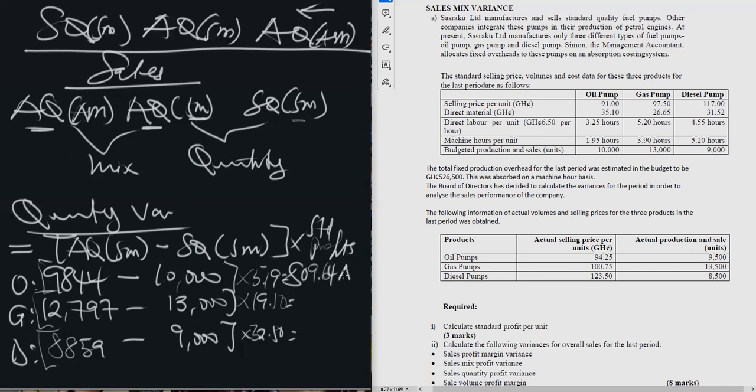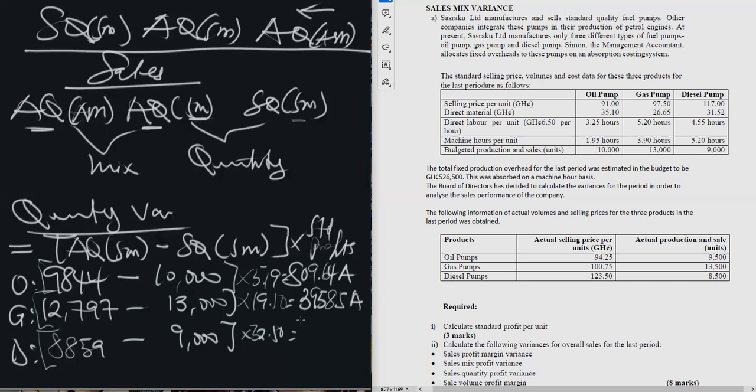Then you have 12,797 minus 13,000, at 19.5, and that gives us 3,958.5 adverse. Then you have 8,859 minus 9,000, all times 32.5.